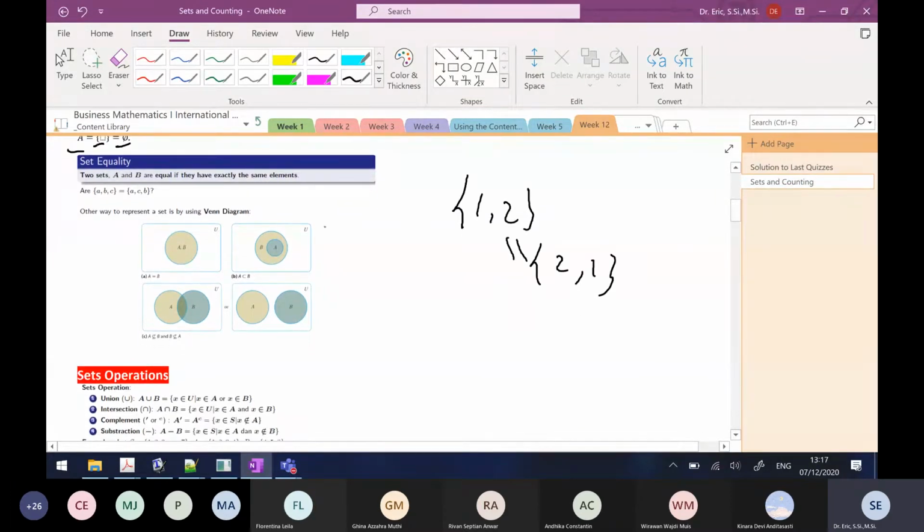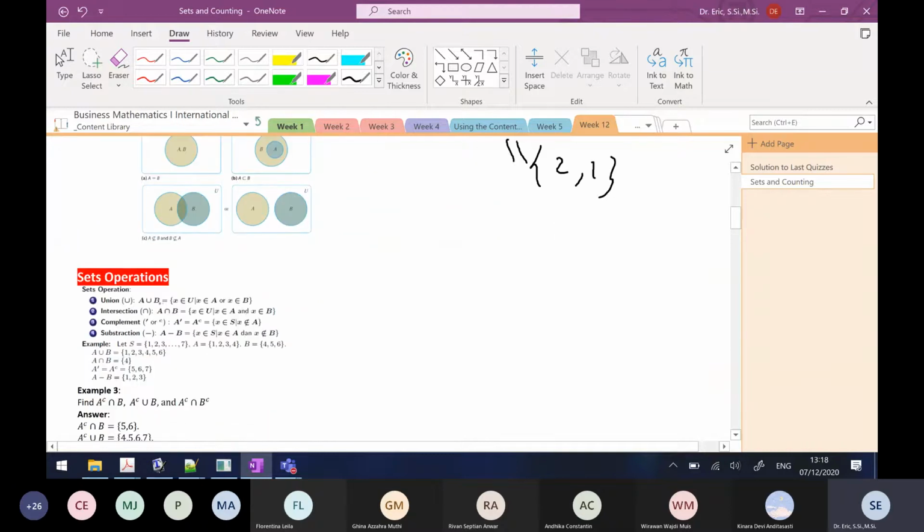Another way to represent sets is by using a Venn diagram. I have already told you in the video about A subset of B, and A not a subset of B. Now set operations.